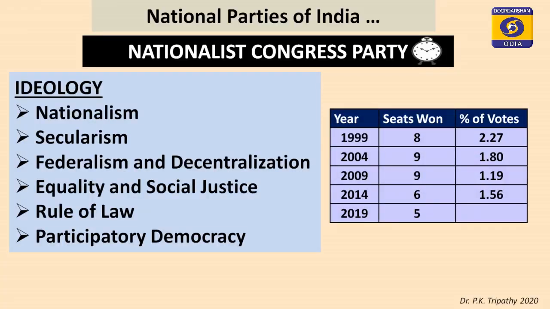Now let us come to another national party, the Nationalist Congress Party, which has the clock symbol. The NCP is a breakaway group of the Congress. In 1999 the Congress underwent a split because some senior leaders in the Congress Party didn't like Sonia Gandhi becoming the leader of the party, as they considered that Sonia Gandhi had a foreign origin.